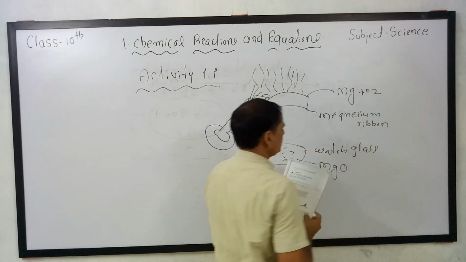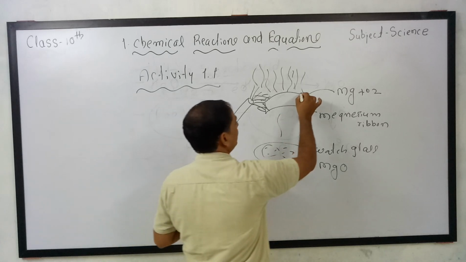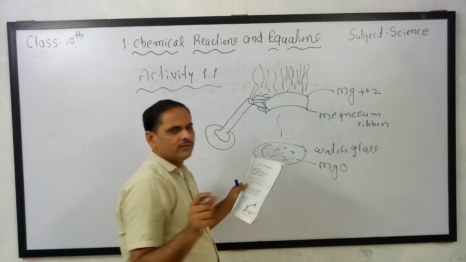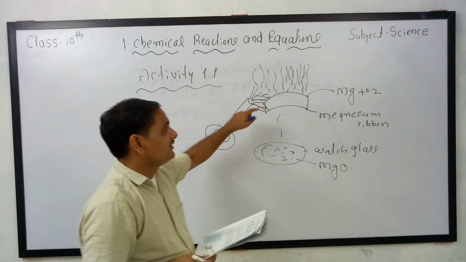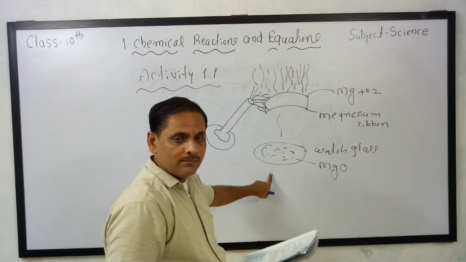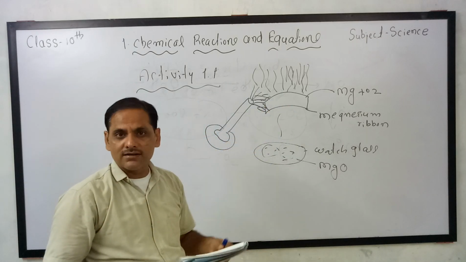So this process is a permanent change, clear? And what does a dazzling flame mean? When some types of metals burn, this type of flame is released. This activity is very important, and one question is asked maximum times, for 2 or 3 marks.